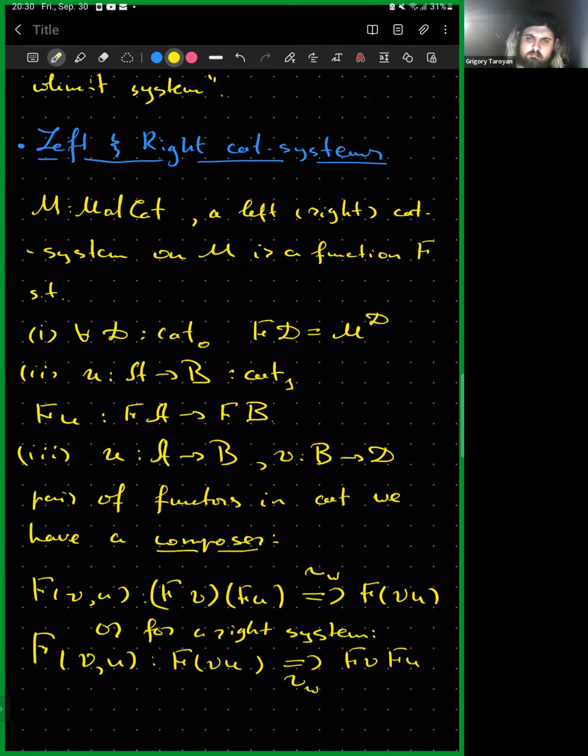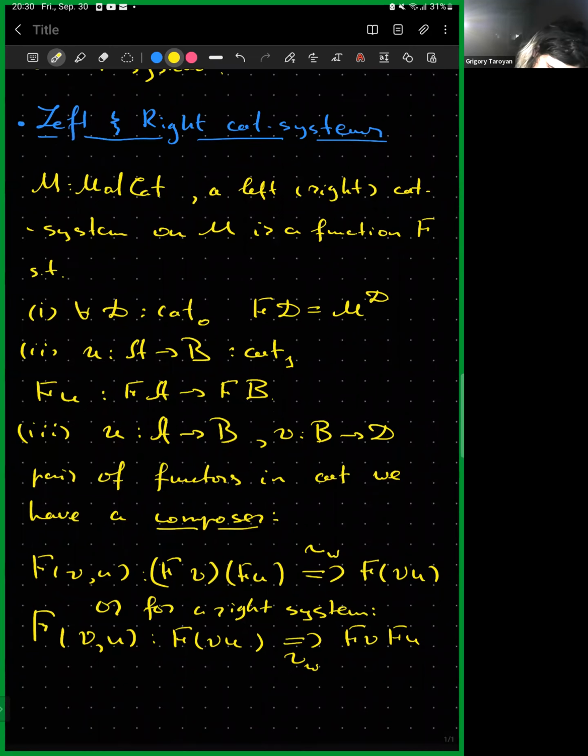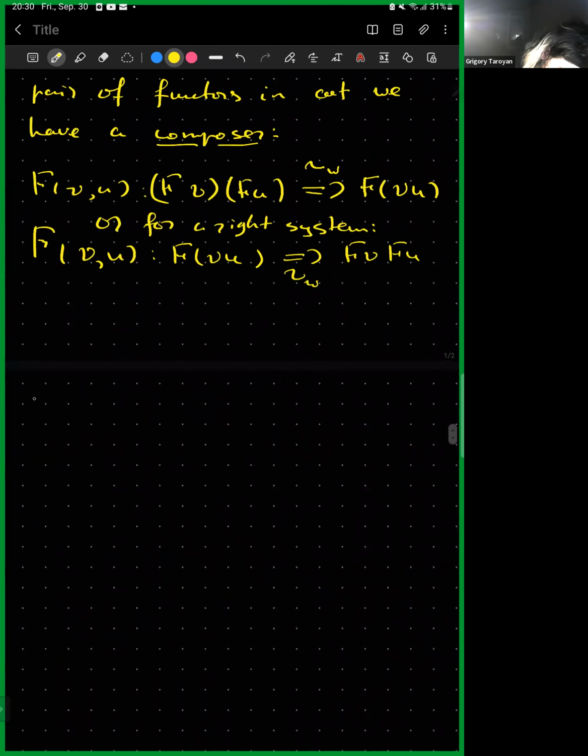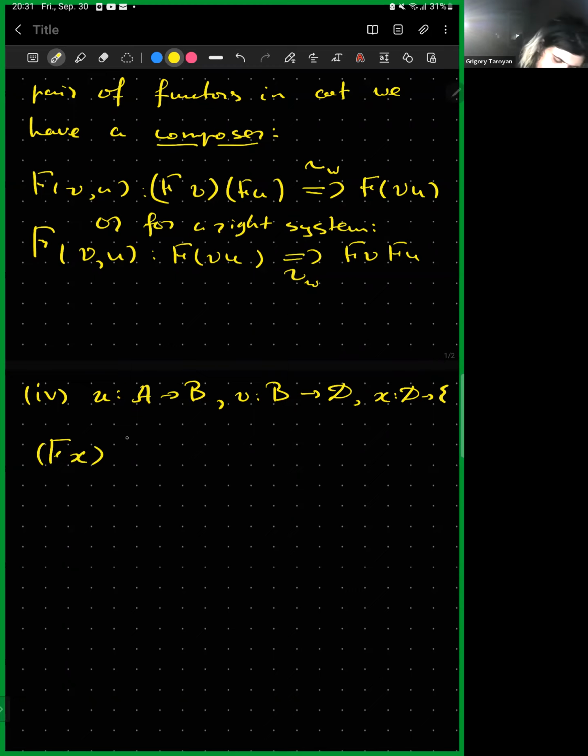Finally, well, not finally, but another thing that we require is that if we have three composable maps in the category of small categories, then we should have a commutative diagram, or two commutative diagrams if we consider both left and right cut systems.